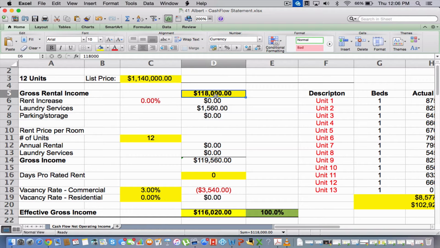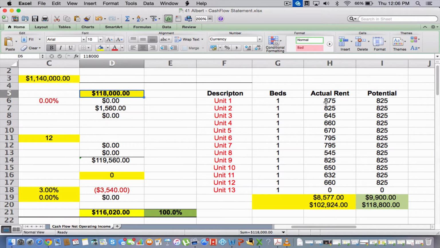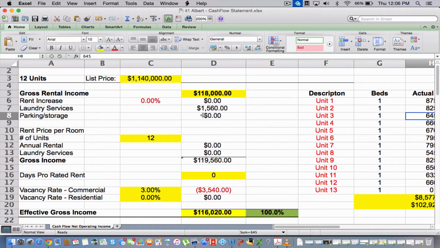They would request the seller's pro forma or income expense document, and the seller would provide the rental prices for each unit, or they may just provide what's the gross rental income. If they do provide the rental numbers for each unit, you would input them here. And we'll get to this section in a second.